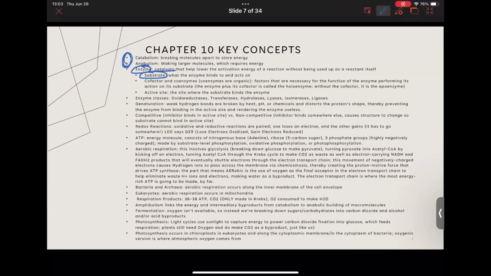Enzymes can be either simple or they can be conjugated, which are more complex. If they are conjugated, then they consist of two parts. The two parts will be the apoenzyme, which is the protein portion, and the second part is the cofactor.